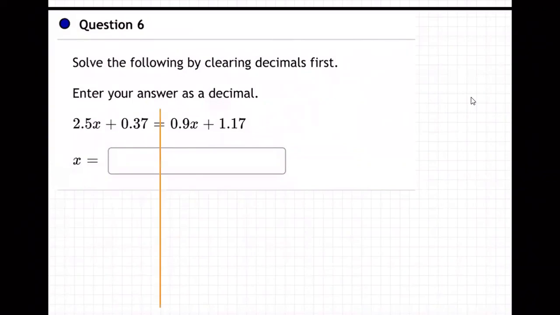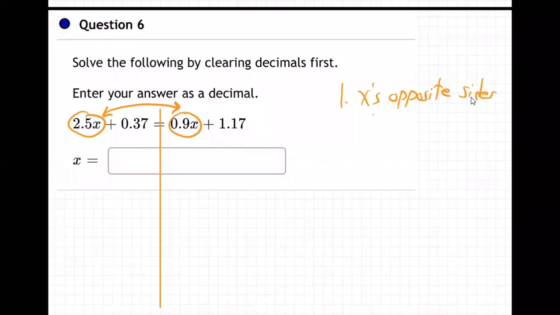So here's the wall of separation. And the key idea is we have x's on opposite sides. So step number one, x's on opposite sides. What do you do with x's on opposite sides?